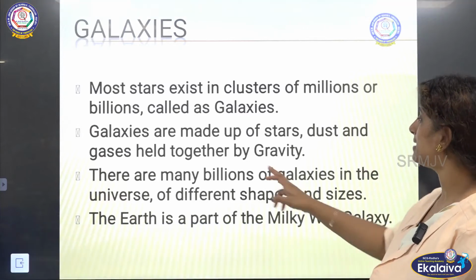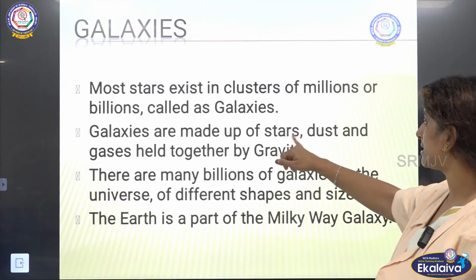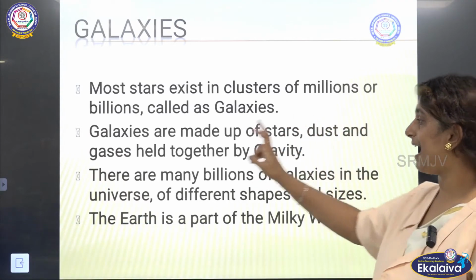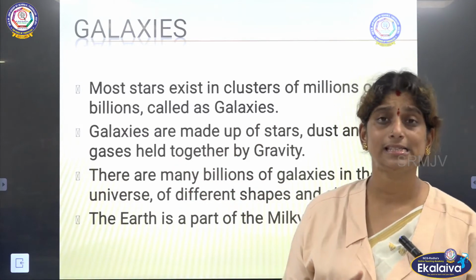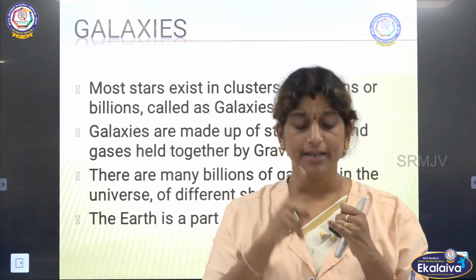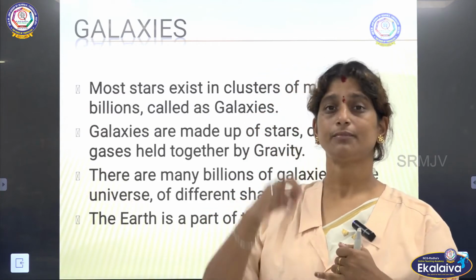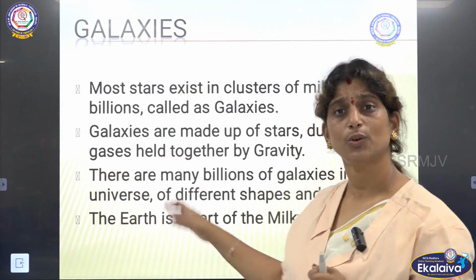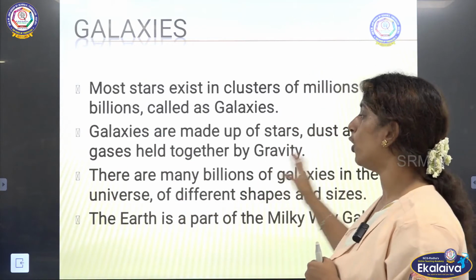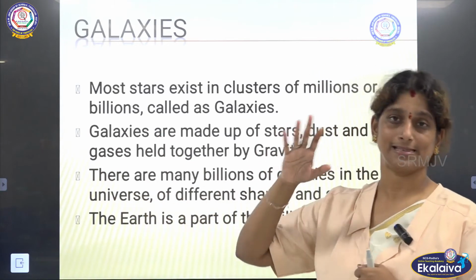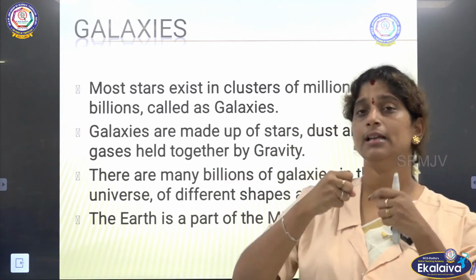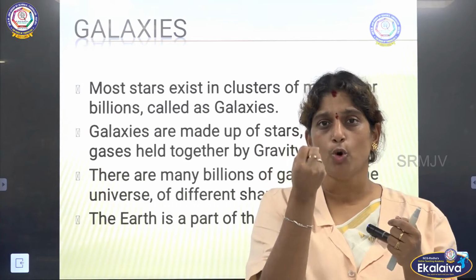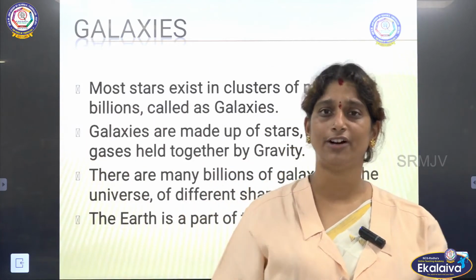And the galaxies are made up of stars, dust and gases held together by gravity. So what are these galaxies made up of? As I told you, it mainly consists of stars. Apart from that, it also contains dust and the gases which are present, right? All these are held together, which means, if there is nothing to hold everything together, everything will fall apart.